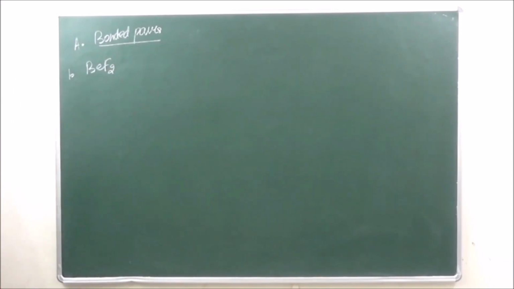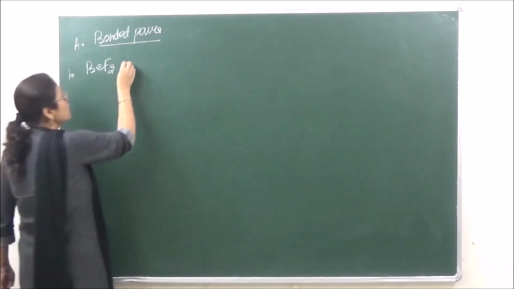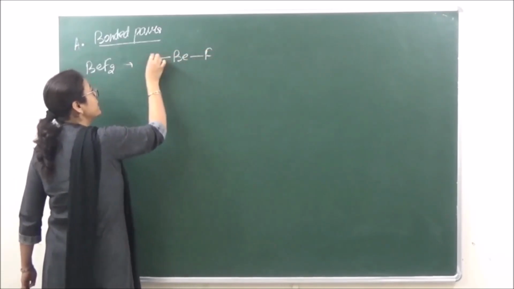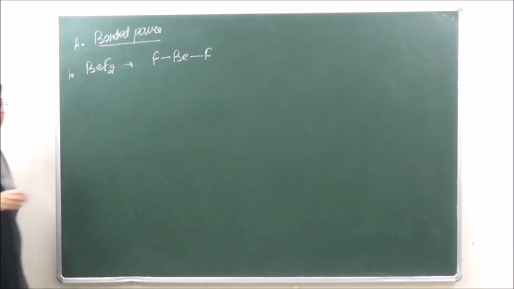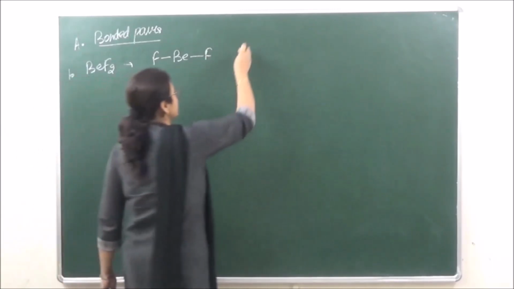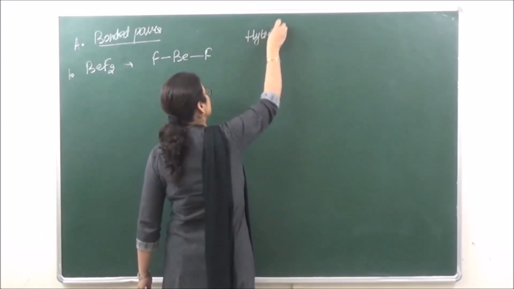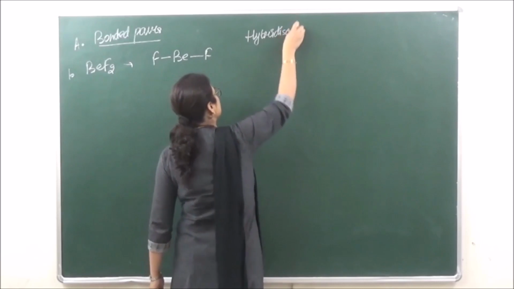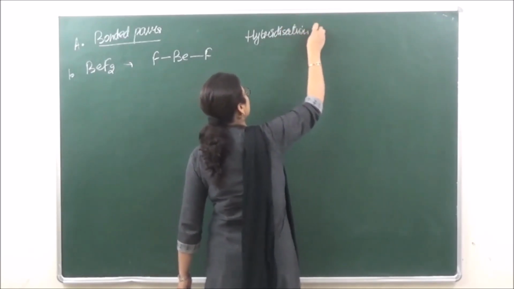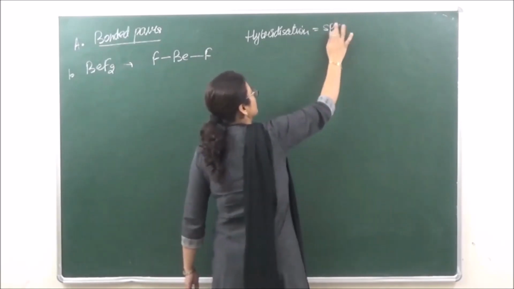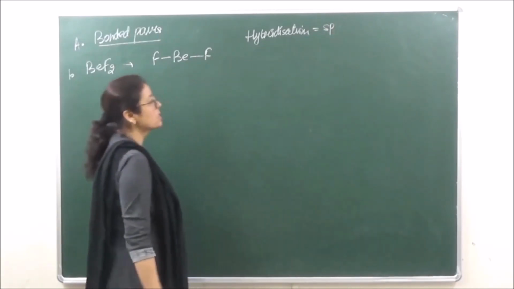In case of BeF2, both the fluorines are directed towards the opposite sides, as a result of which we have the following characteristics: hybridization is sp.